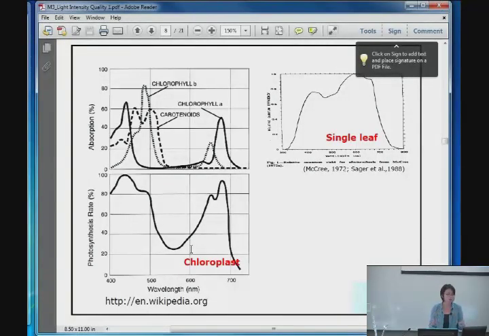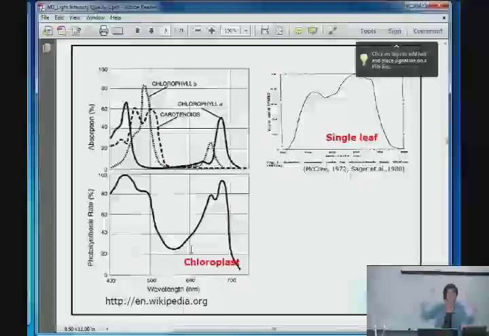Extracted chlorophyll cannot use much green light, but if you look at a much higher level, the chloroplast, the organelle in a cell containing lots of chlorophyll, right? And there are so many chloroplasts in a cell, in tissue and leaf, so multiple layers of light harvesting complexes.